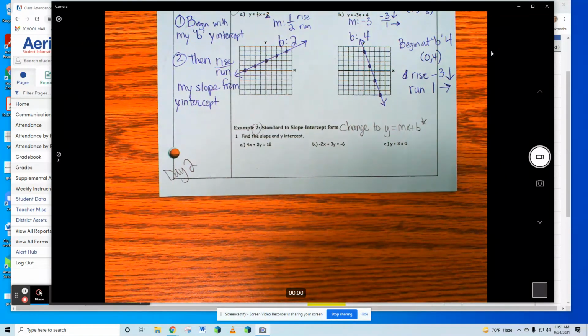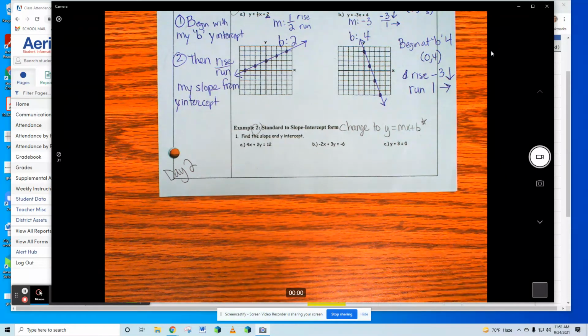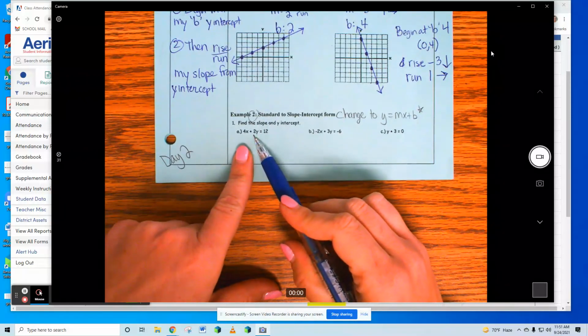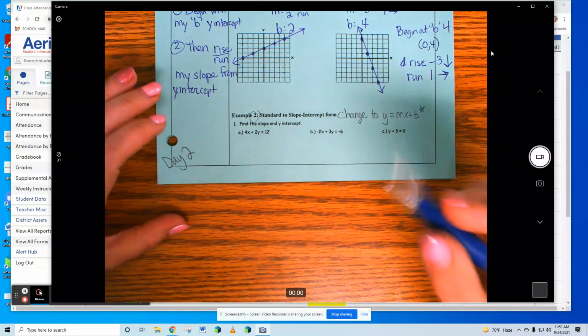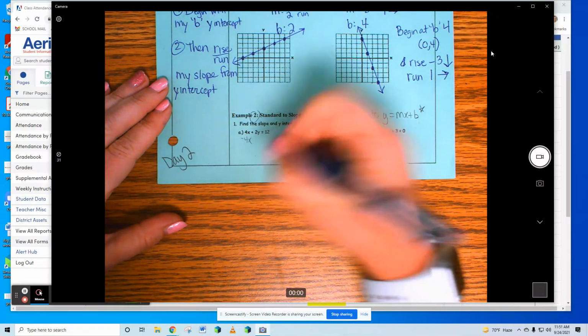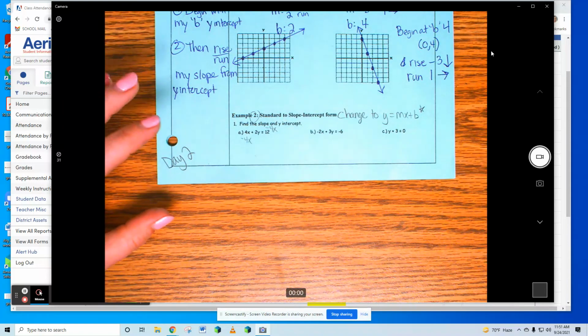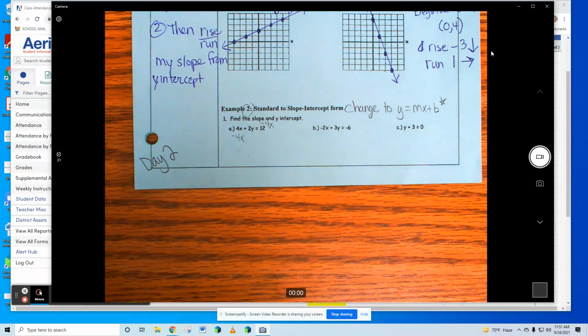So what's the first thing I will do for 1a? Yeah. You are right. Subtract 4x. How about I zoom in?